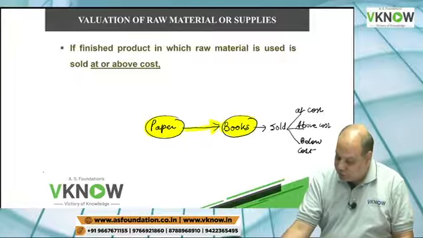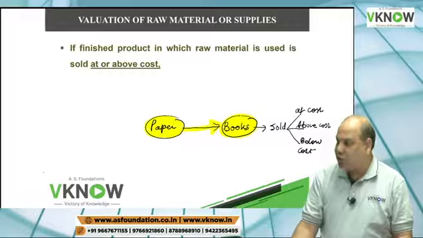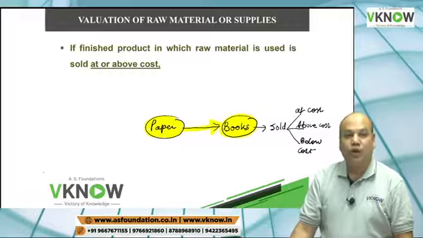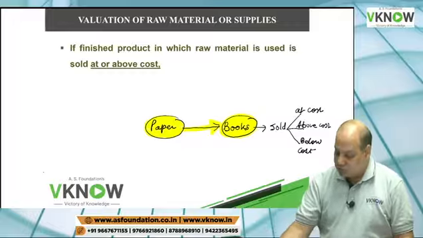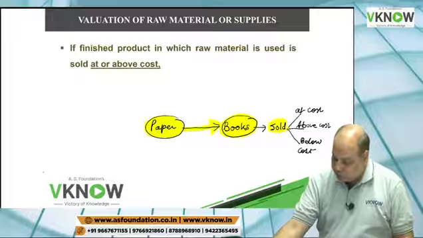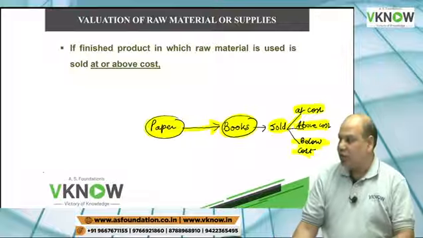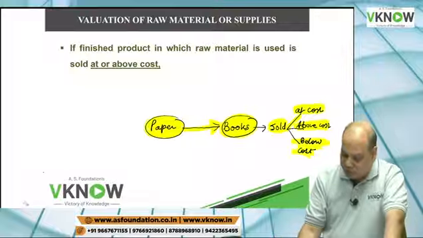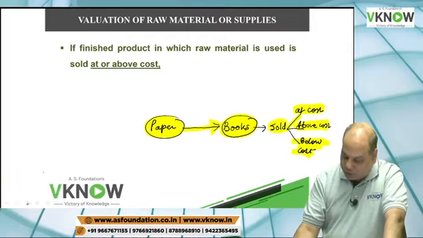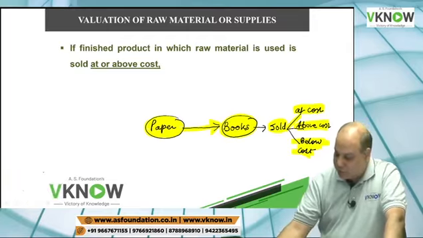Then the standard says, look at what will happen to the book. The book will be sold, at cost, above cost, or below cost. Now the standard says, listen carefully because you are going to ask me questions later.